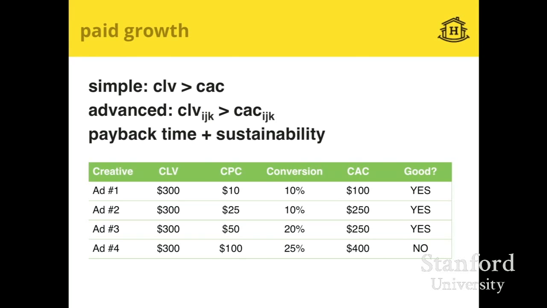So when you look at these CLVs, let's just suppose a customer is worth $300 after 12 months. That is, in the first month, they're worth $100. If you wait to the end of the 12-month period, then they give you the other $200. But if in the first period you're actually paying $200 for them, then you're in the hole for $100 until the end of the 12-month period.